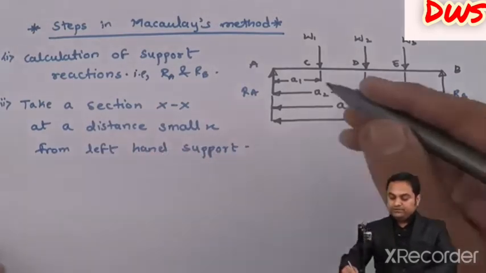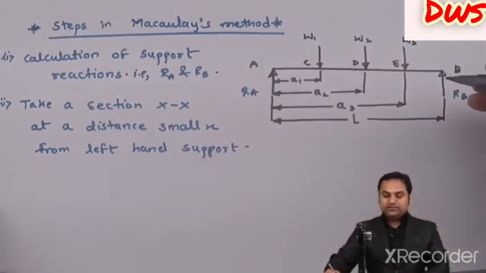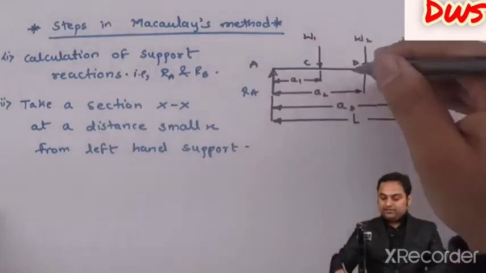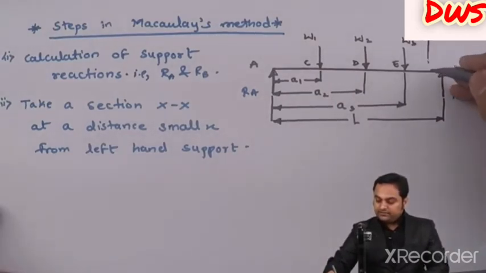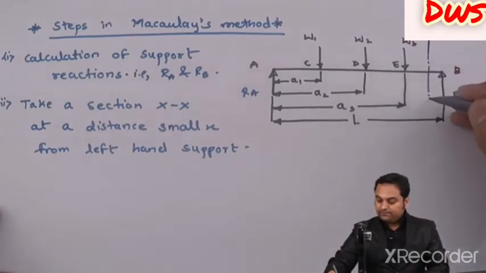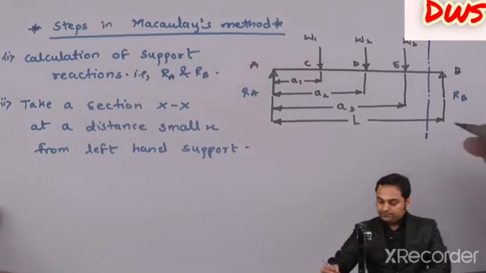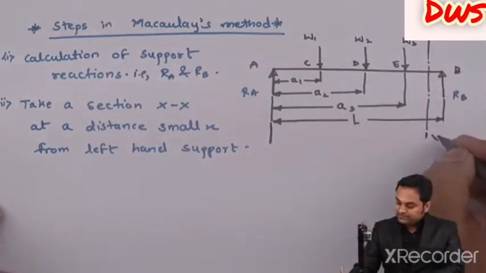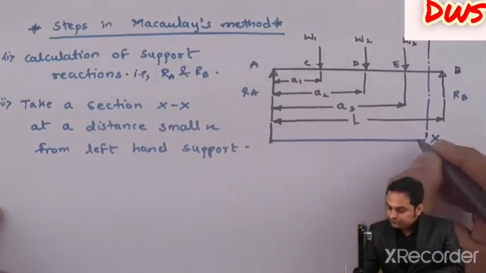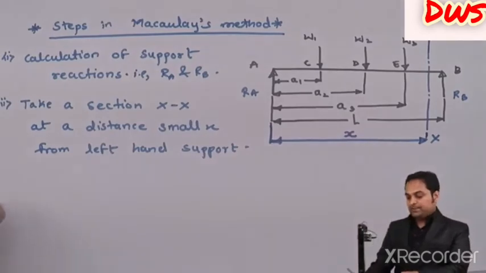So here the left hand support is point A. So from point A we will consider the section X extreme far away from the left portion. Suppose I am taking the section here, extreme far away from A and just before B. So this is the section XX located at a distance small x.